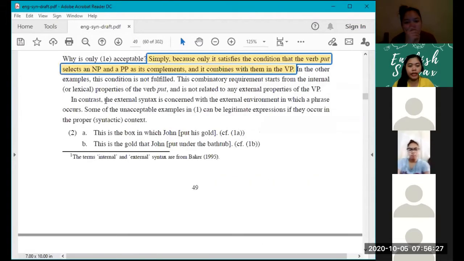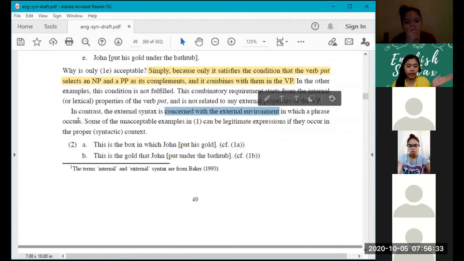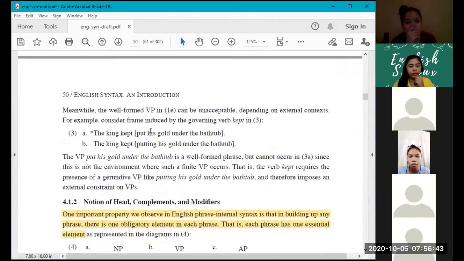The external syntax is concerned with the external environment in which a phrase occurs. Some of the unacceptable examples here are legitimate expressions if they occur in the proper syntactic context. Meanwhile, let's have this example. The king kept put his gold under the bathtub. The king kept putting his gold under the bathtub.